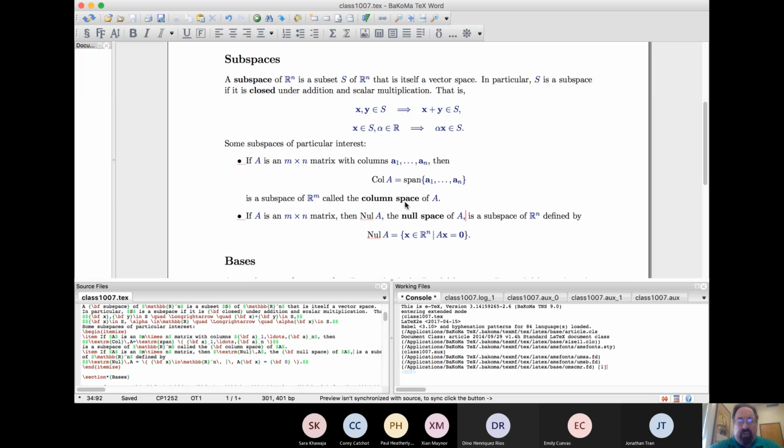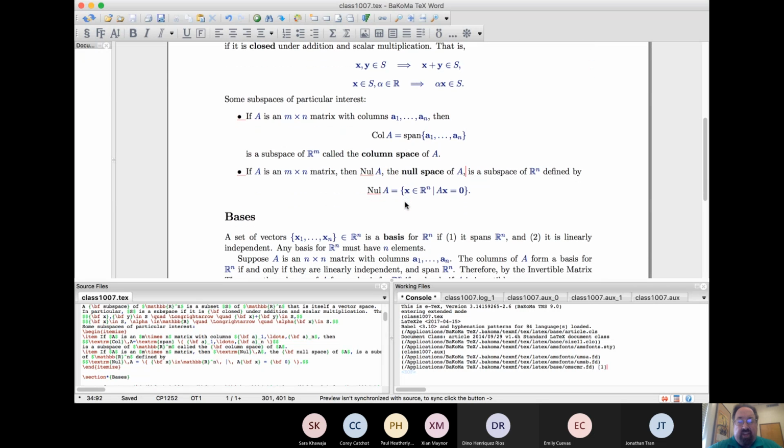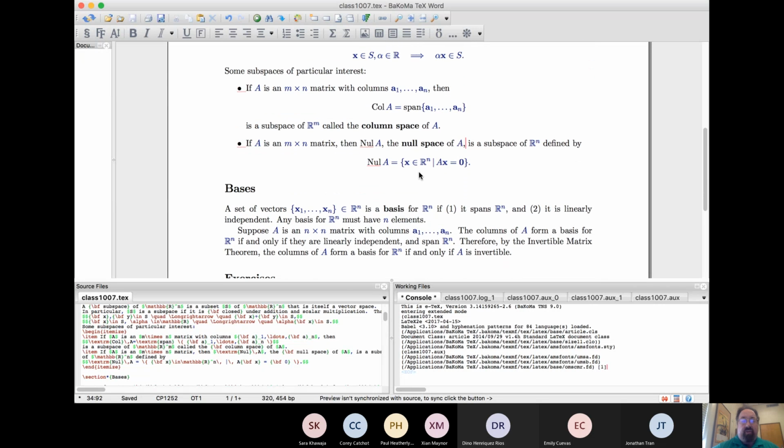Now, a related concept that also comes up in this section is that of a basis. The notion of a basis combines two concepts that we've already seen: the span of a set of vectors, and the notion of a set of vectors being linearly independent.